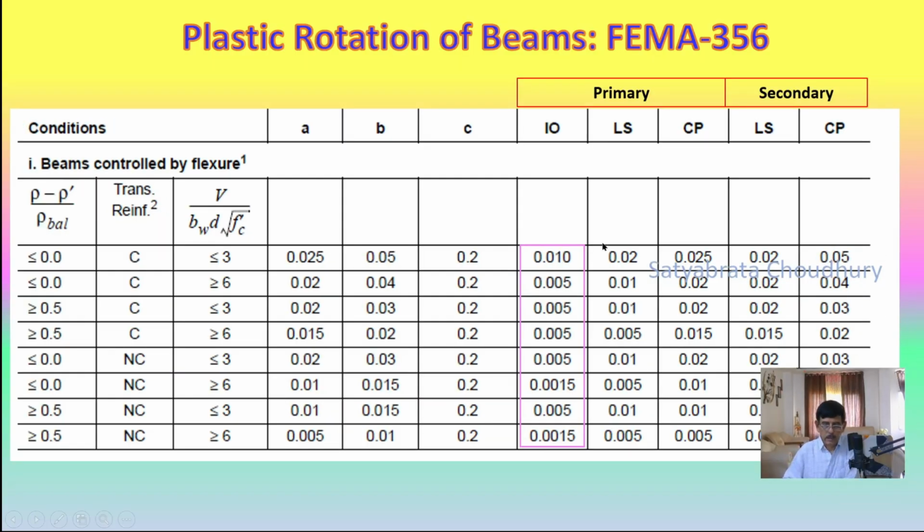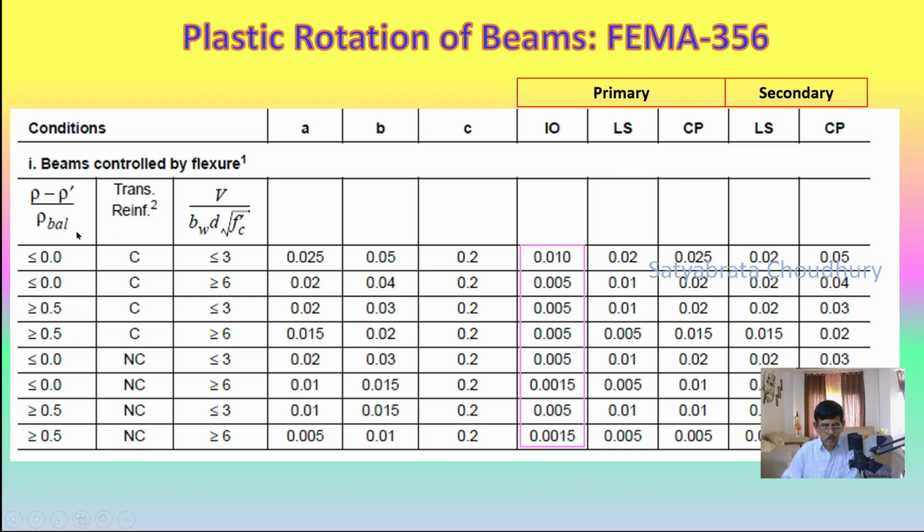Here we have taken the plastic rotation of beams from FEMA 356 for nonlinear analysis. The parameters are the tension steel minus compression steel ratio divided by the balanced steel ratio, the shear ratio, which is shear force divided by beam width and beam depth, and the strength of the concrete, f'c.